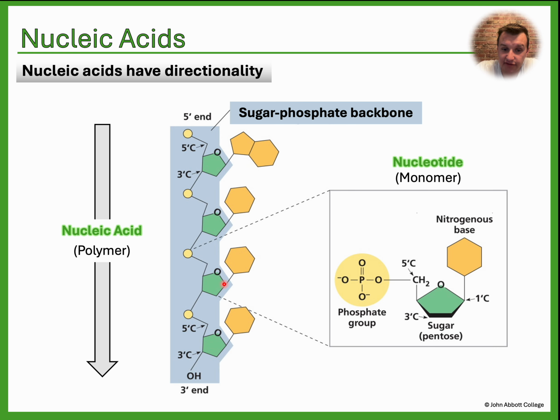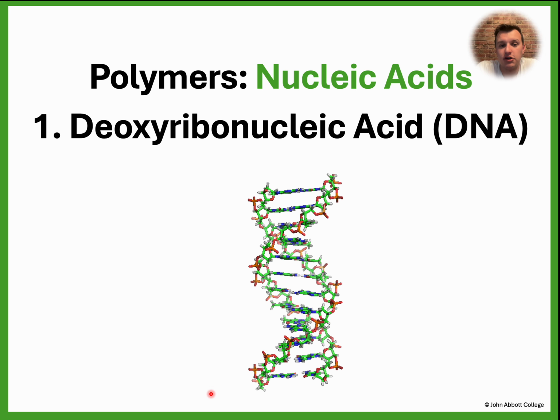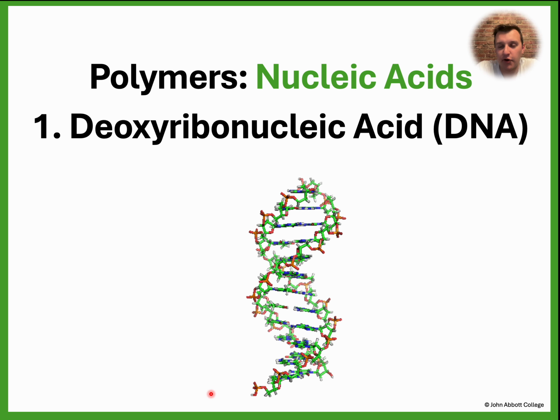If you go down to the very end, this is the phosphate here. That's the 5' carbon. And over here you have the 3' carbon that is hanging out. So the DNA has a direction. We say that there's a 5' end and there's a 3' end, okay? So, polymers.